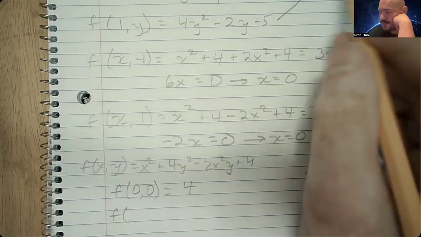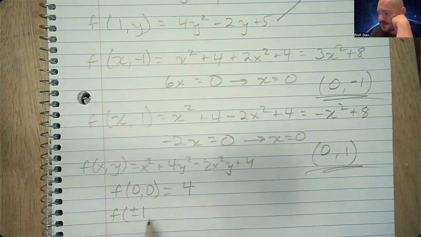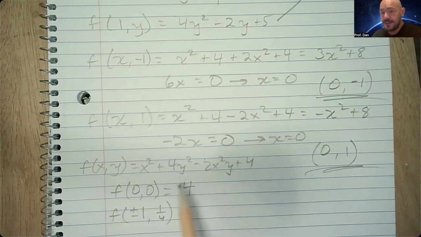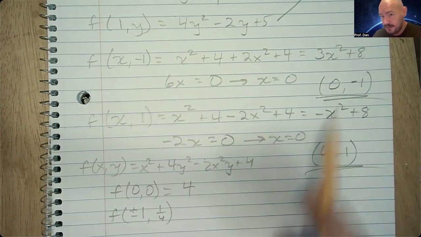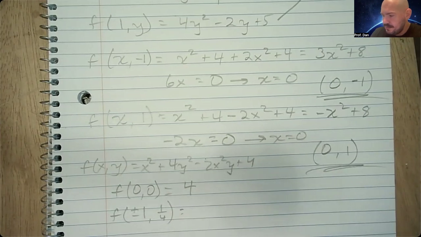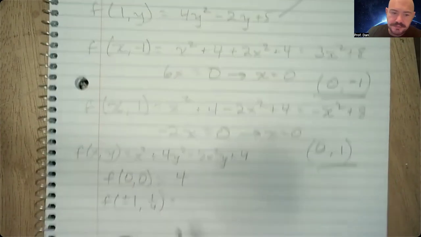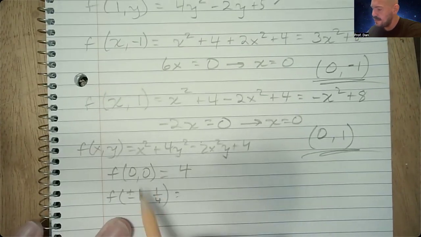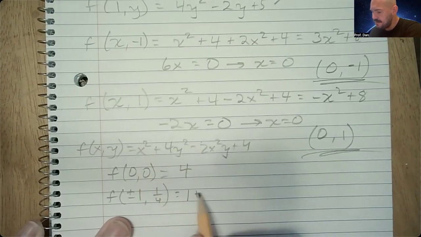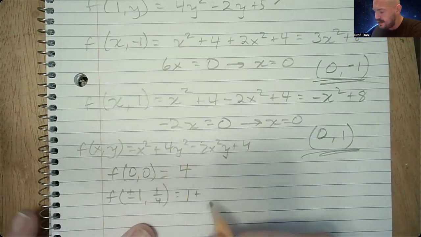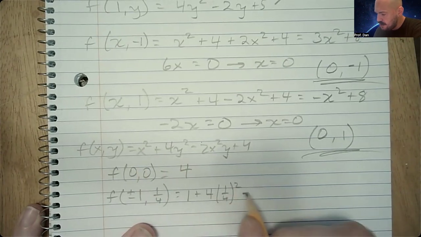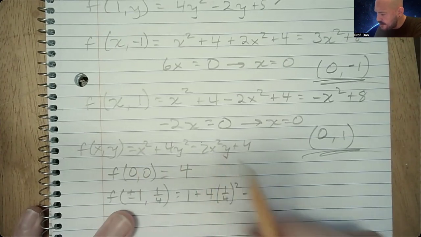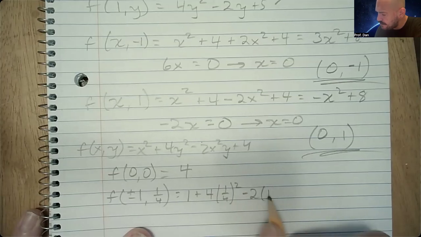If I use my next point, which I can write as plus or minus 1, 1/4, because I will get the same z coordinate since all the x's are squared. So it's okay for me to do that for this one, not for these two though. I end up getting 1 plus 4 times 1/4 squared, minus 2 times 1 times 1/4, plus 4.